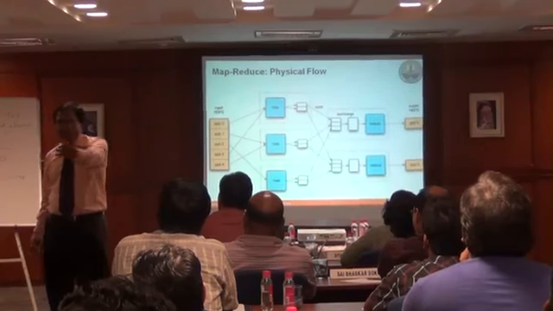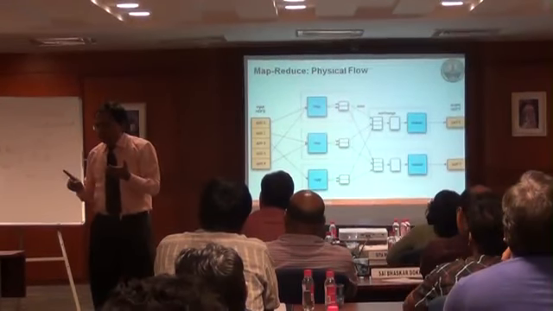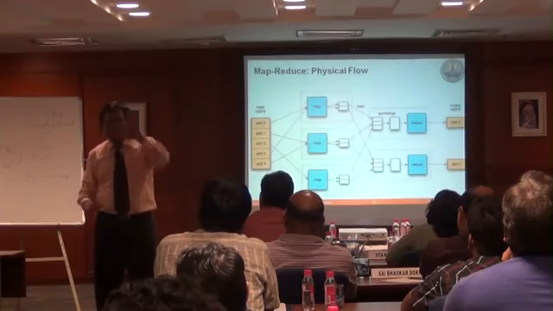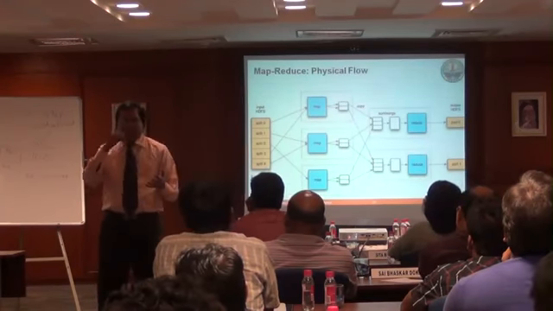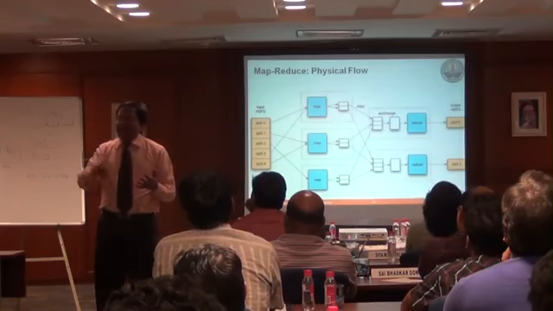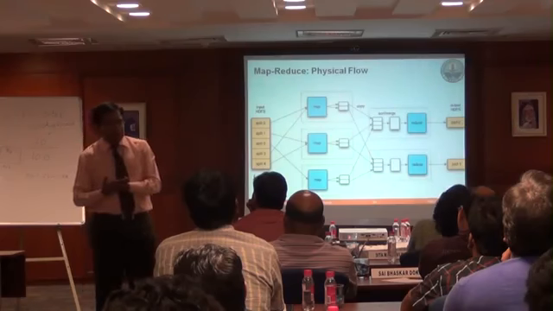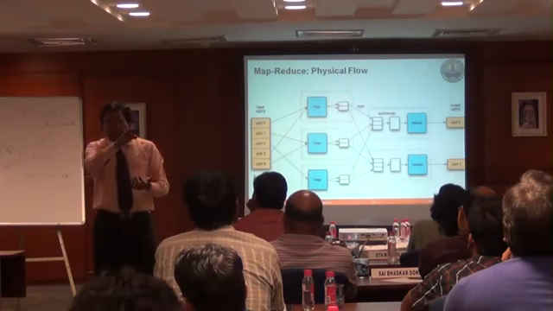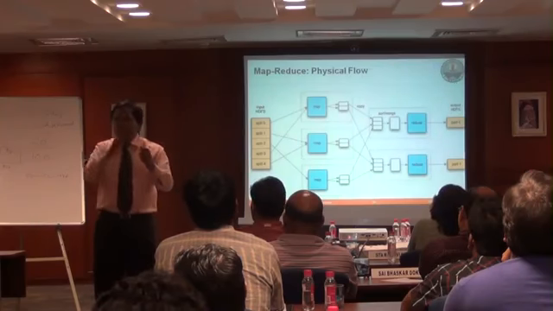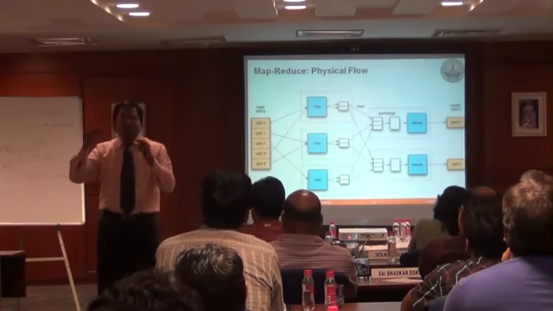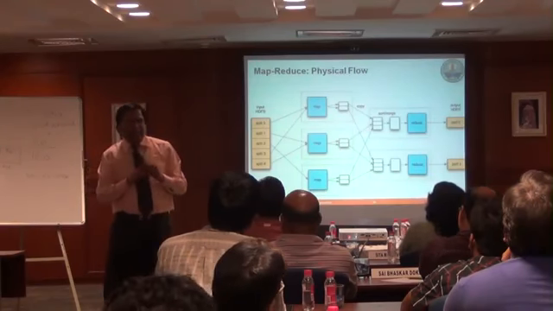Maybe there's a reducer sitting somewhere who needs to consolidate marks and make a mark sheet. All the math mark sheets are with one person, all the science mark sheets are with one person. So it's the master's job to collect all of that and give the papers to the persons that are accumulating the results. So the data movement at that stage is between the local storage of one node to the local storage of another node, but done through remote procedure calls by the master.